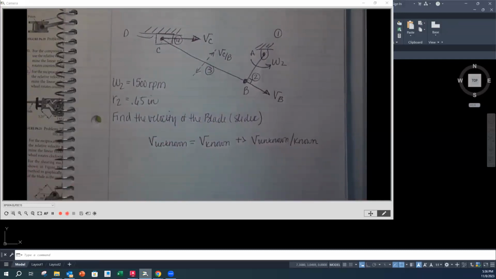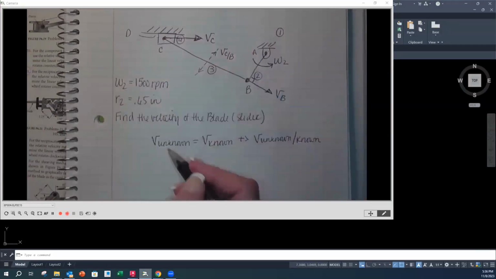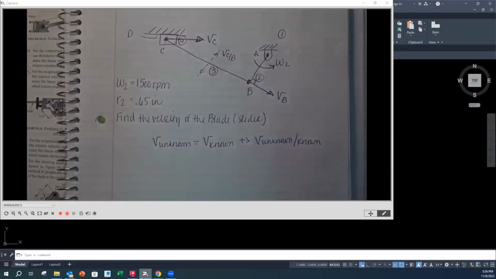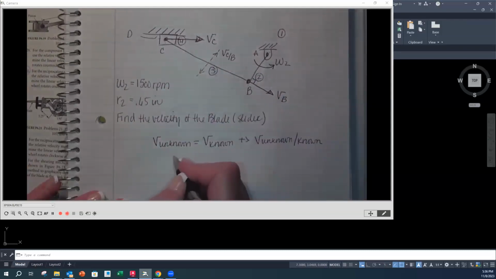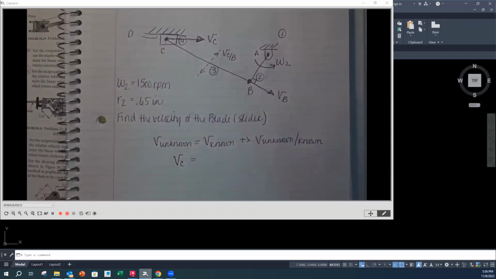So now what we do is we start looking at our diagram and lining up what velocities go where. First of all, the unknown velocity that we're going to try to get to is our VC. So VC is going to be over here. It's going to be equal to our known velocity.